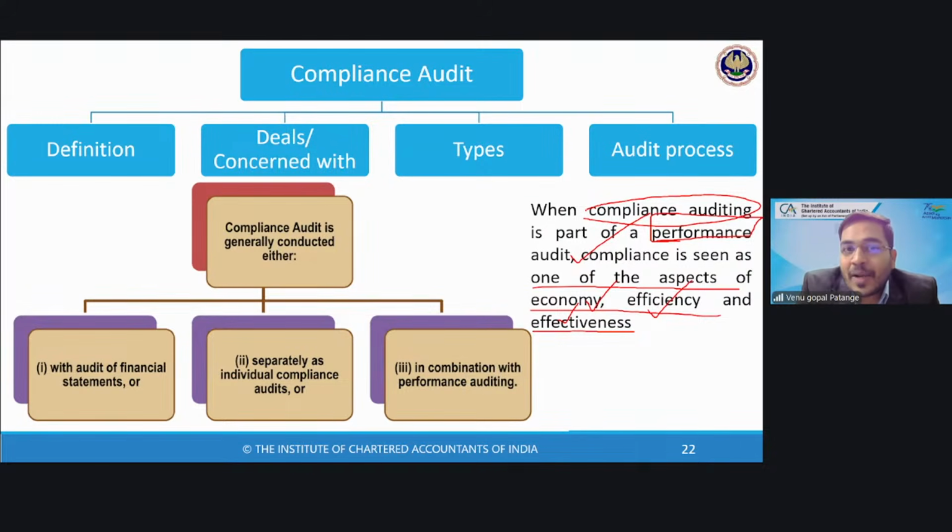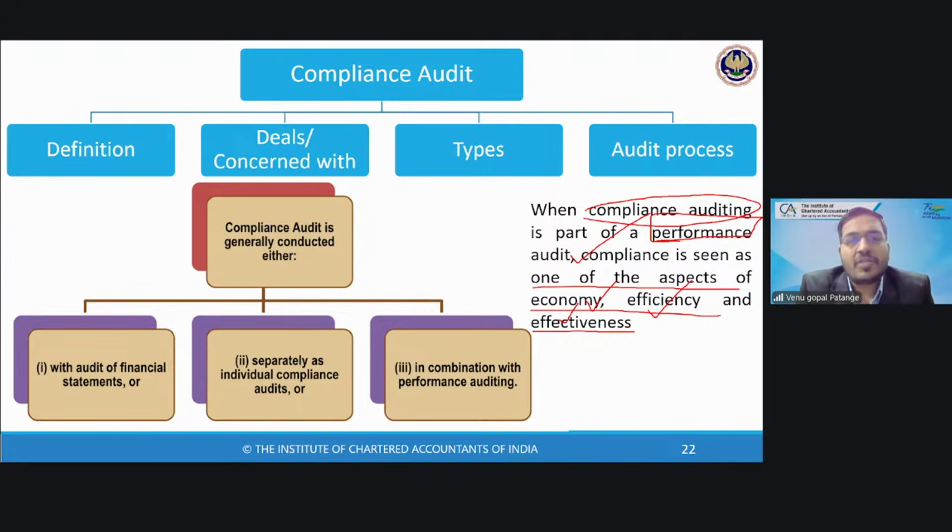Although it is compliance, it was also a part of economy, efficiency, or effectiveness. Hold this example for some time; you will understand in more detail when you reach performance audit. Clear? So we covered the definition of compliance audit, what it deals with, and the types of compliance audit.